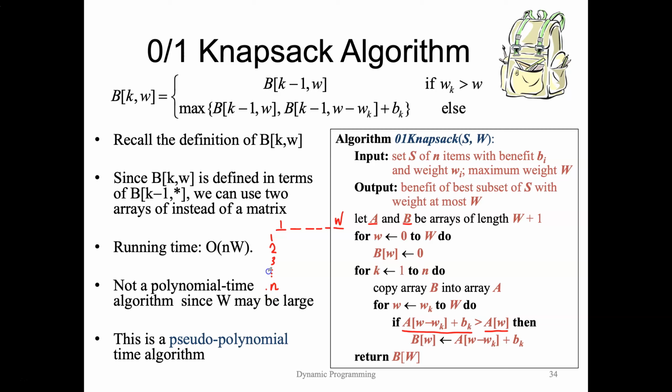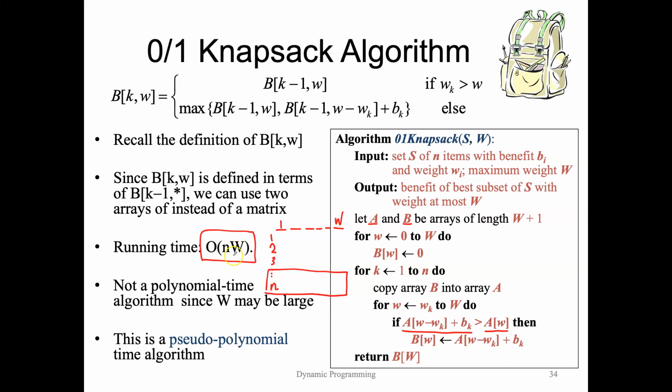But we only maintain the last 2 rows at a time, so we won't need that much space, but we still have to fill in each cell of this. And we've got n times capital W many cells that we have to fill in. So this is our total running time, big O of n times W.